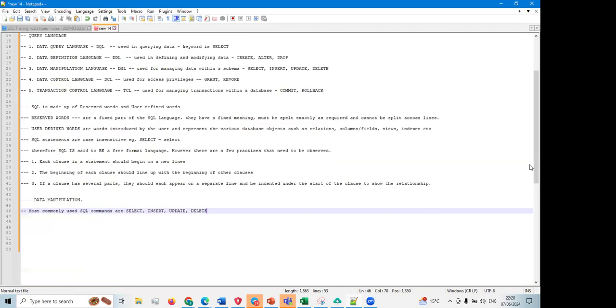As the name implies, select is used to query a database. Insert is used to insert data into a table. Update is used to update data within a table. Delete is used to delete data from a table.